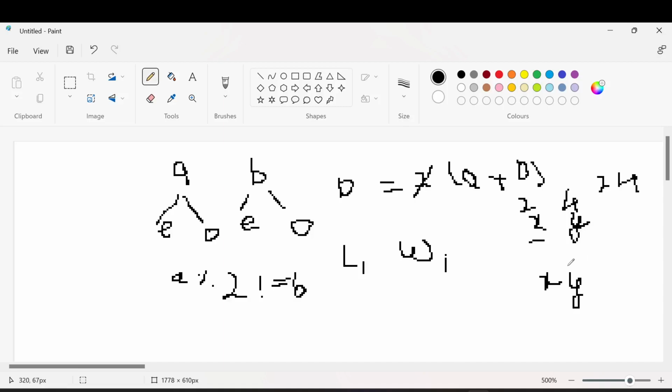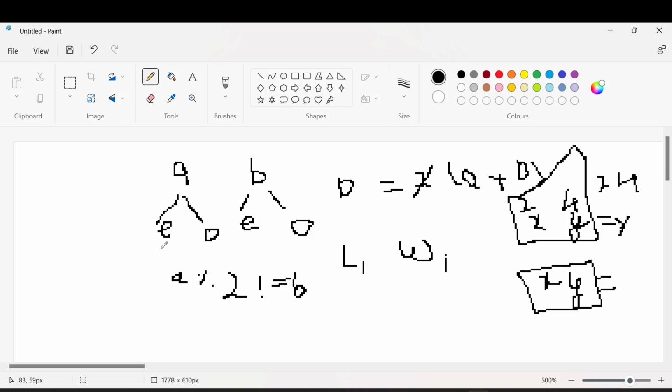So we get a constraint: if both of them are odd, we have to print no. If both of them are even, every even number can be defined as the sum of two odd numbers, so we can print yes. And of course, if initially both of them are of different parities, that is even and odd, then we can already print yes. Let's code the solution.